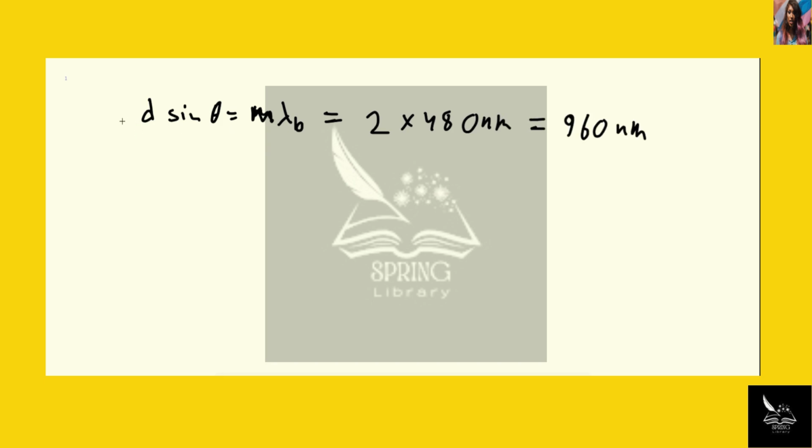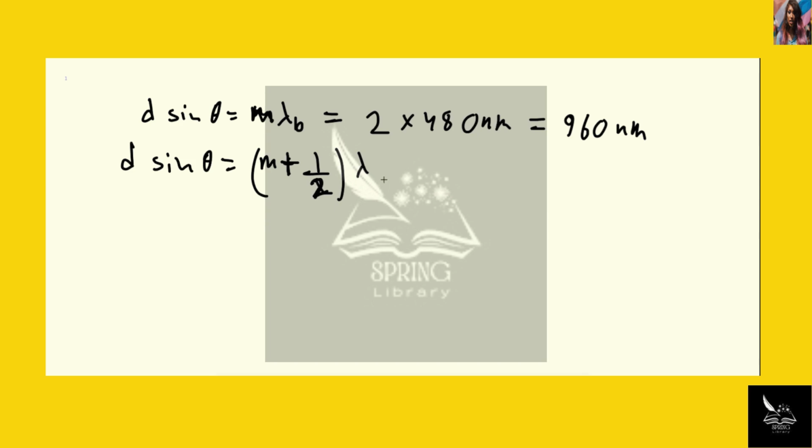Now, we want this to equal, so d sine theta will have to equal m plus 1/2 times lambda for destructive interference, which will produce a minimum on the fringe.